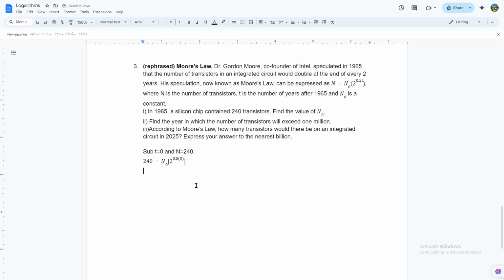So we can find n0. n0 equals 240 over 2 to the power of 0.5 times 0, and if we key this into a calculator, it will become 240. That'll be our answer for part 1.